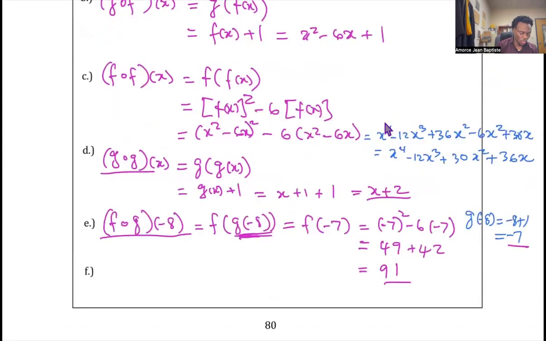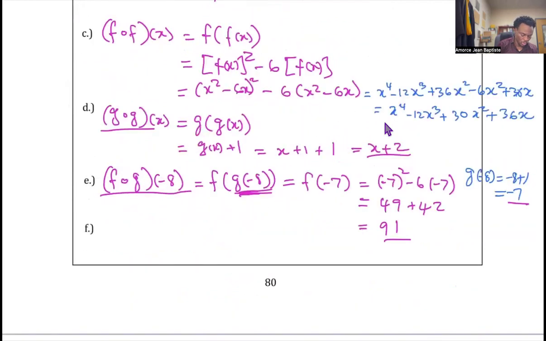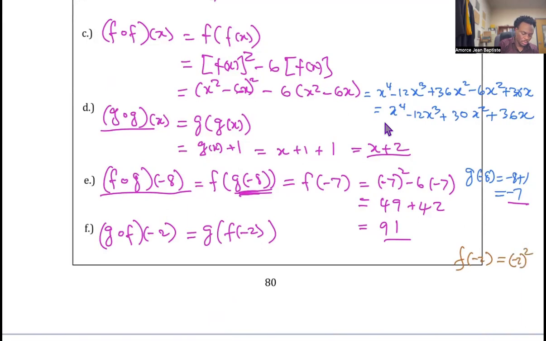We are also asked to find g composition f of negative 2. G composition f of negative 2 is g of f of negative 2. On the side, we can find f of negative 2, that is negative 2 squared minus 6 times negative 2.